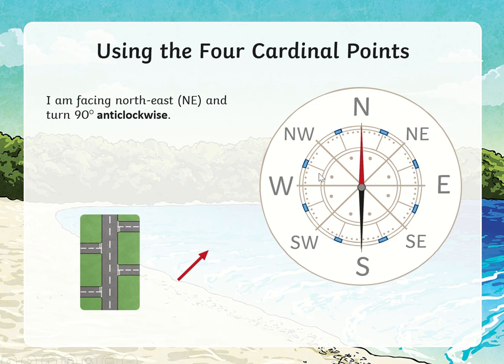Oh, okay, here we go. If you're facing northeast here, and then you turn 90 degrees anti-clockwise. So we're not going across clockwise, we're going the opposite way, anti-clockwise. Which direction am I facing now?